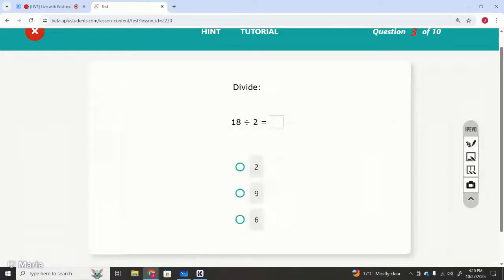18 divided by 2. That is 2 times 9 is 18.